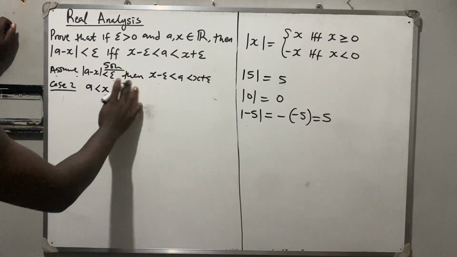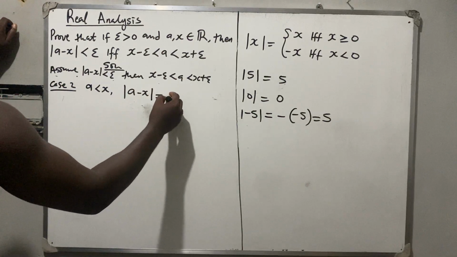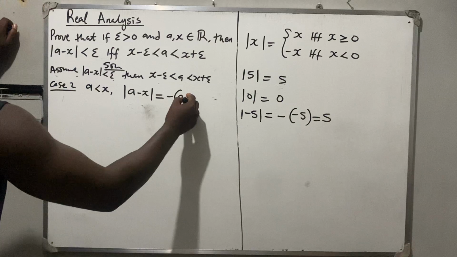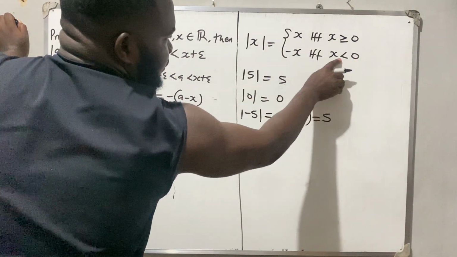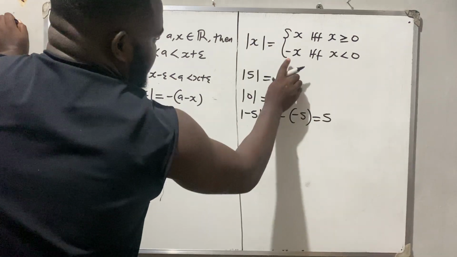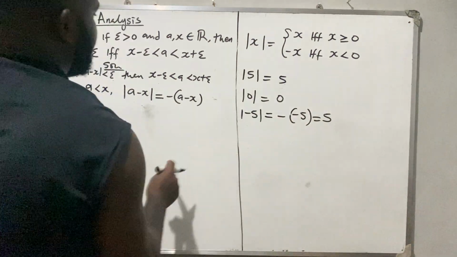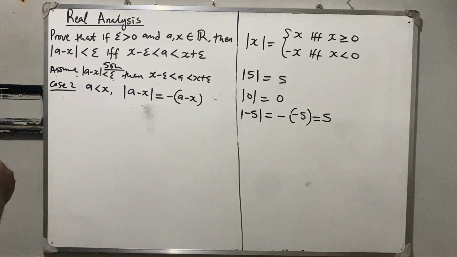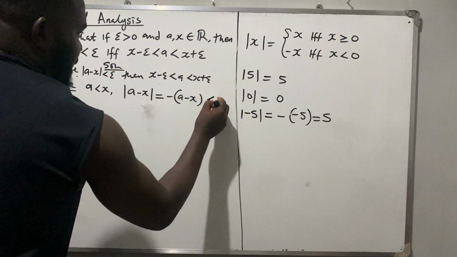And if a is less than x, you will notice that the absolute value of what is inside here is going to be equal to negative what is inside here. Like we said here, that if x is now a negative number, then the absolute value of it is going to be negative of itself, like we did here. Okay, and then from here we know that the absolute value of this is less than epsilon, so we say that this is less than what?